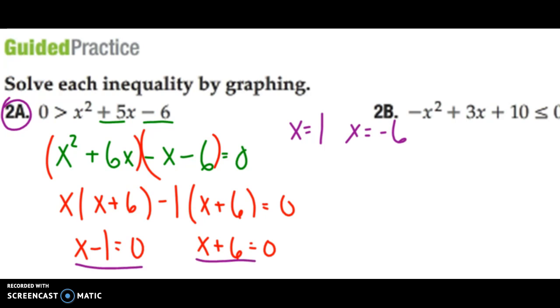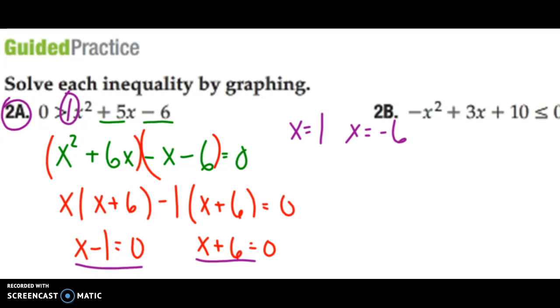Okay? So now, if I was going to graph it or check it, what I could do is I could just put it on the graph. Otherwise, if you look back to your information, what it said was when our equation was less than 0, and a was positive, which it is, it's a positive 1, it means that my answers are going to, again, be within my parabola.